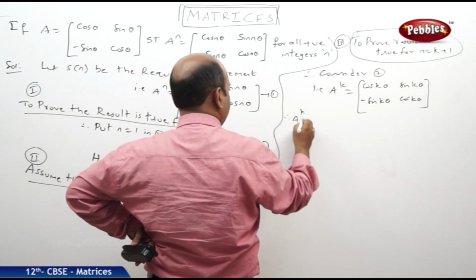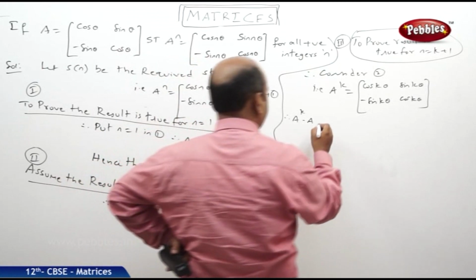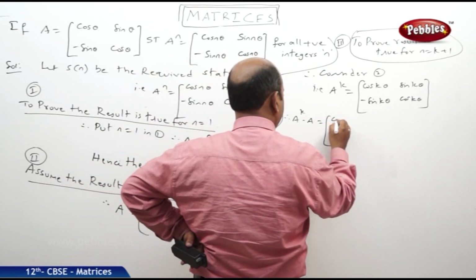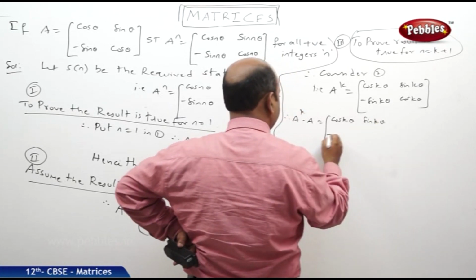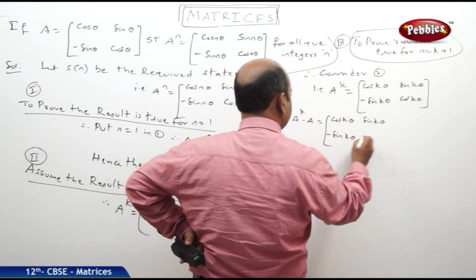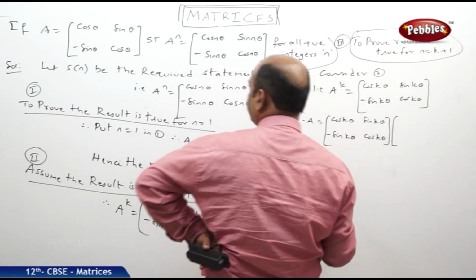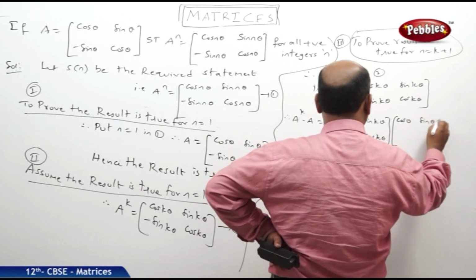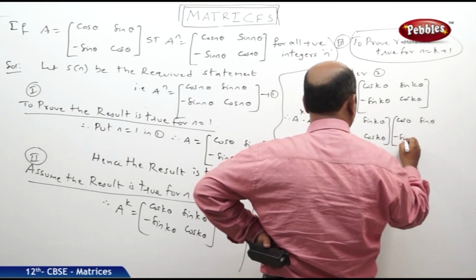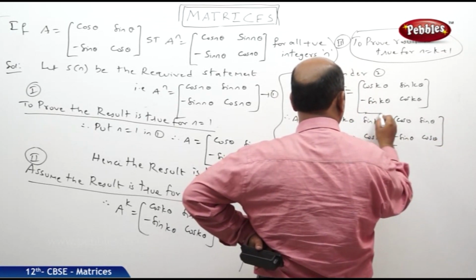Therefore, I will multiply both sides by A. That means A power k into A, so cos k theta sin k theta minus sin k theta cos k theta into A. A means cos theta sin theta minus sin theta cos theta.